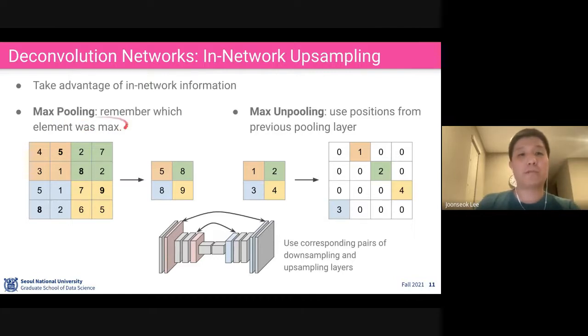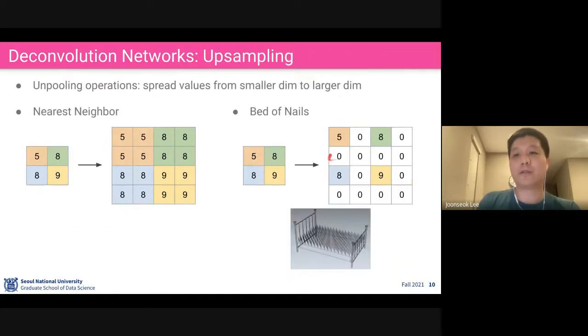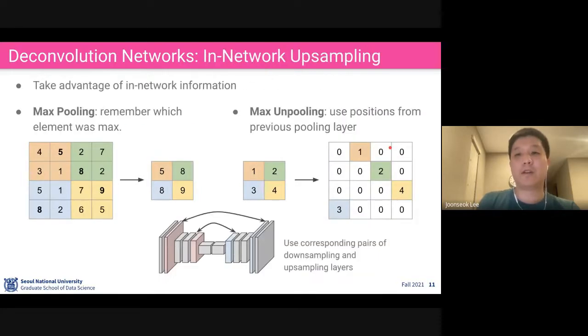If we take the max pooling from here to here, then we can remember where this 5 came from, like this. And then when we upsample them, we just reuse that information. So this one will be one of these 4 cells, and where it should be. Because 5 came from this part, we put it there, instead of just deterministically putting it in like the bed of nails.